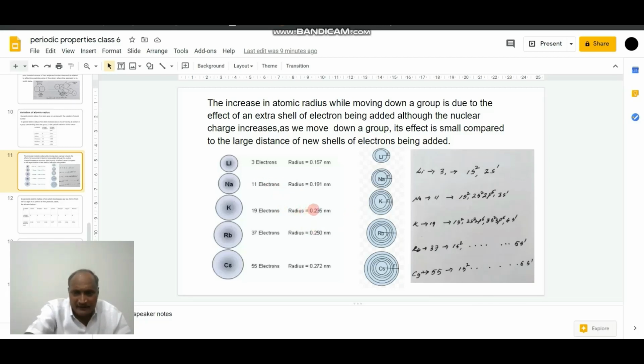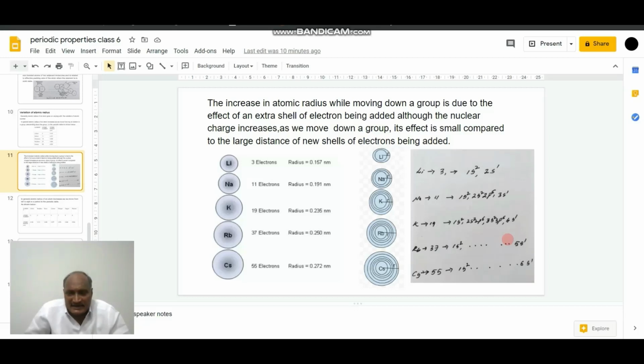It is found to be 0.235. Likewise, when we come to the element rubidium, having atomic number 37, the valence electron enters into the last orbit as 5s1. Again, in rubidium, one more extra shell of electrons is added.